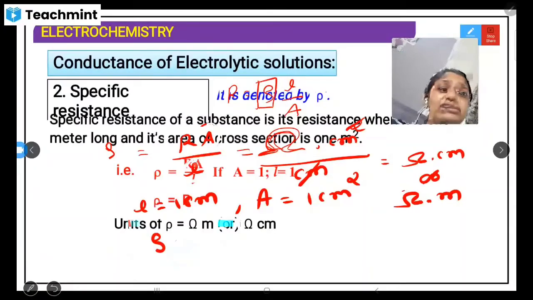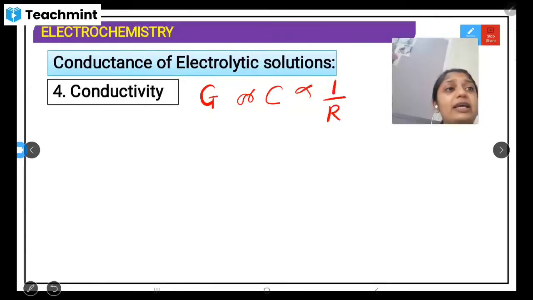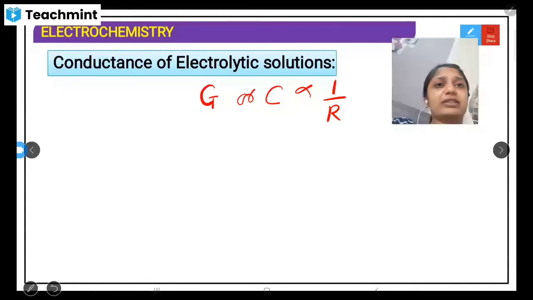So students, next point is conductivity.